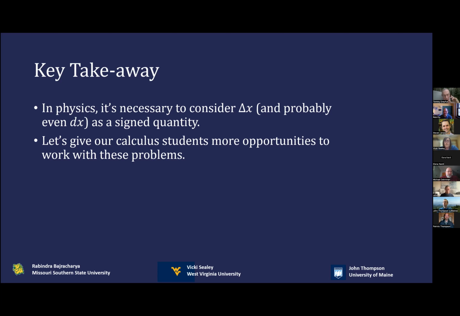Yeah, thank you. We also have a question from Tommy Dreyfus. You mentioned AUP at the beginning, Vicky. You didn't mention AR, and I wonder, when you think about accumulation from rate, then you think more dynamically. And when you think dynamically, then this dx becomes more naturally negative, at least to me.